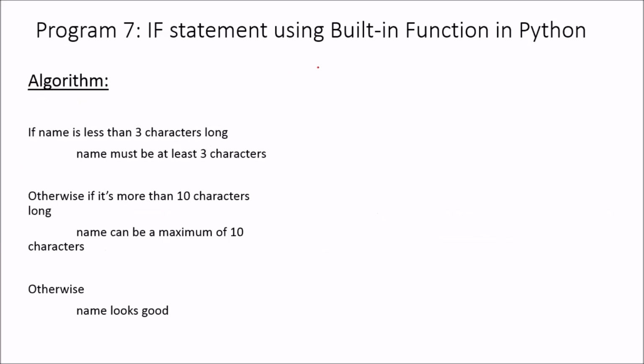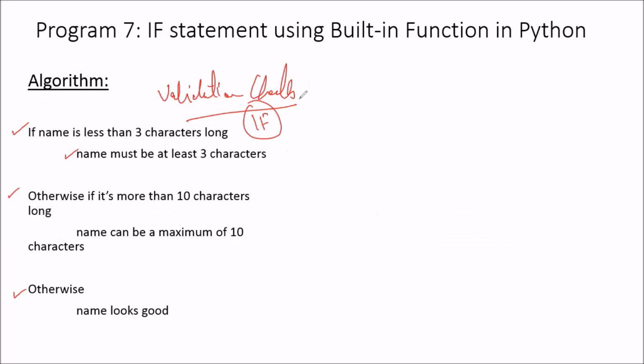Now, there is another program using an if condition. If name is less than 3 characters long, so validation checks can be used with the if condition. The name must be at least 3 characters, and otherwise if it is more than 10 characters long, the name can be a maximum of 10 characters. Otherwise, name looks good.